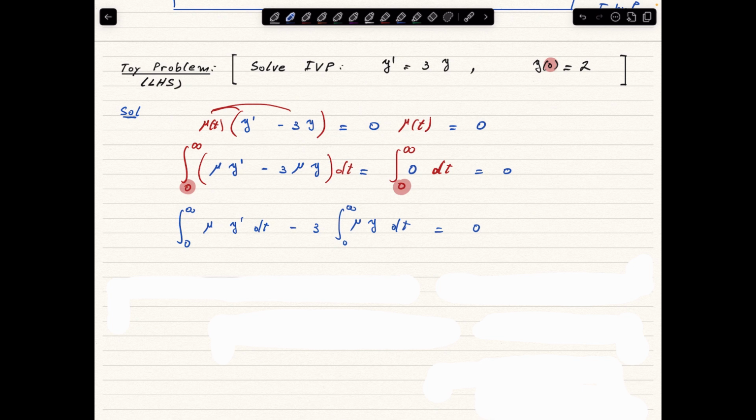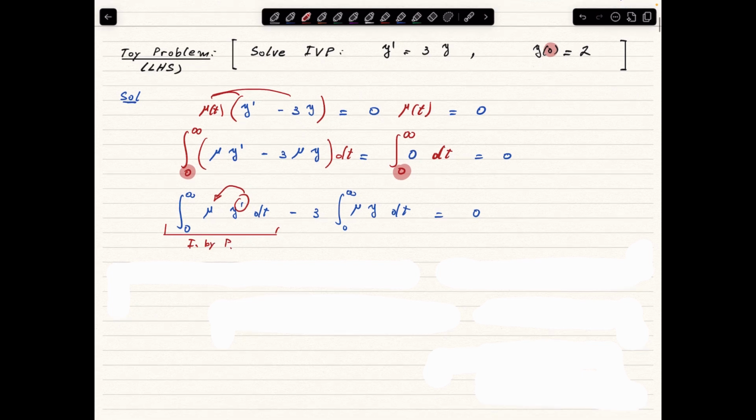equals 0. And here is where we are going to use the integration by parts formula, and we are going to move this integral to the other side. But the calculation is going to be simple or complicated depending on what this function mu is.